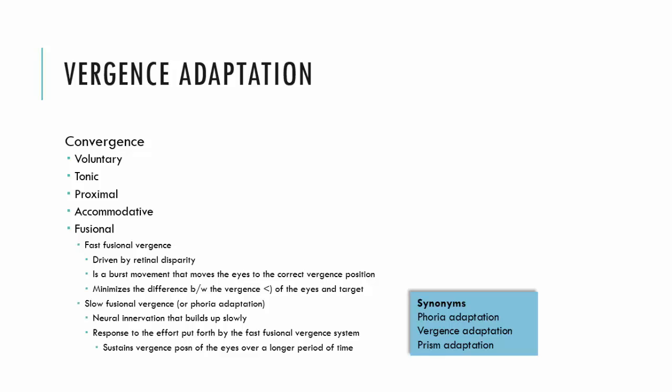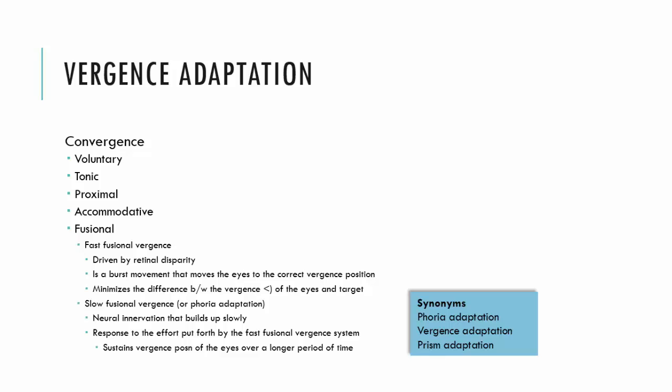So if I put a base out prism in front of a patient that is bifoveal, that patient will make a fusional convergence movement to realign the eyes. The driving force for that movement is retinal disparity, that diplopia. That first response we see to the prism being placed in front of the eye is considered fast fusional vergence. It's a burst movement that moves the eyes to correct the vergence position.